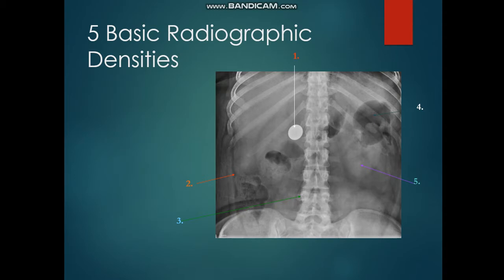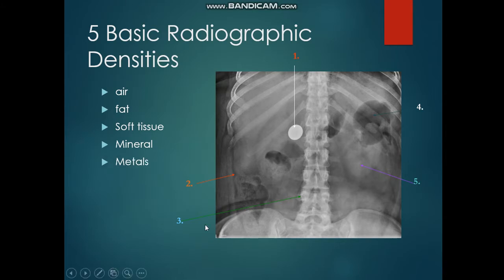The visibility of both normal structures and disease depends on this differential absorption. With conventional radiography, there are 5 basic densities: gas, fat, all other soft tissues, and all calcified structures and metals.